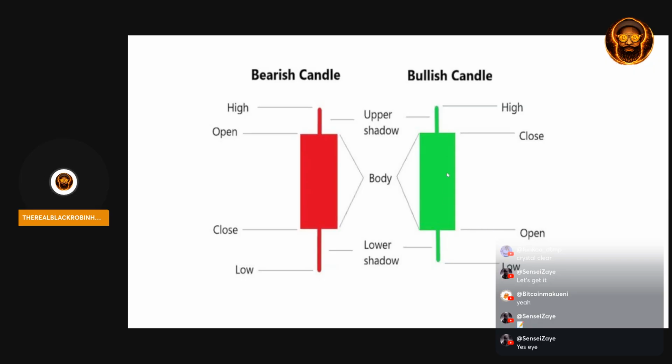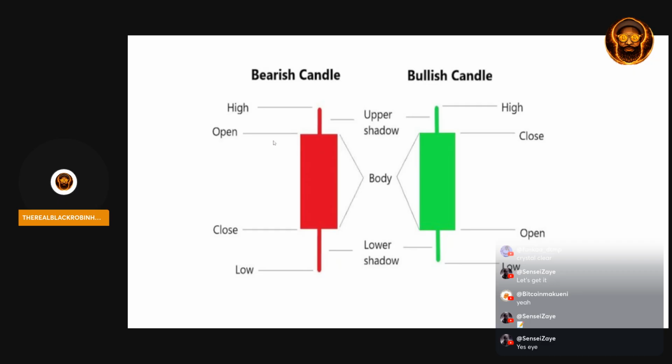So this gives you the body of the candle. Open, close. This is the highest point the candle got to during that 30 minutes. This is the lowest point the candle got to during that 30 minutes. And this is where the candle closed. So if a candle opens here and it closes higher than it opened, it creates a bullish candle.